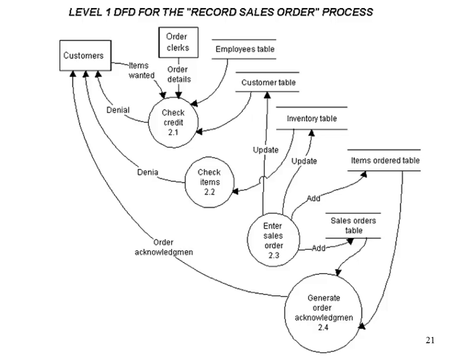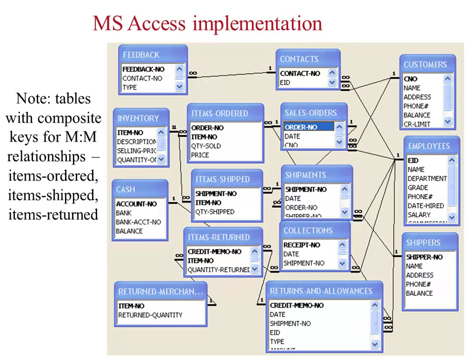Okay, so let me briefly go over the rest of the slides. The next step is the actual implementation. You have the ER diagram, you have DFDs, you have tables, and the tables are normalized. You want to implement this in Access, and I will show you something from Access today. For each table, and you have 15 tables, you create a table in Access, just like here.